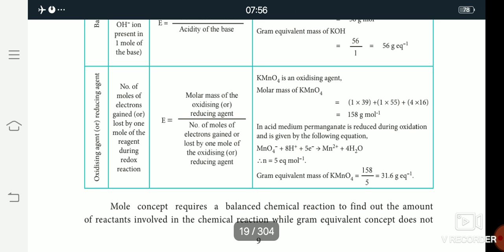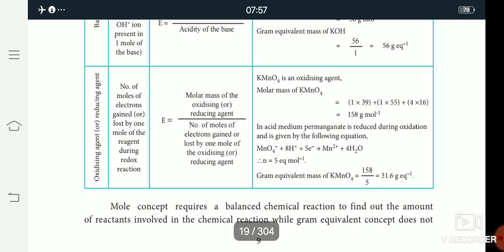In the equivalent mass formula for a salt, it is the molar mass of the oxidizing or reducing agent divided by the number of moles of electrons gained or lost by 1 mole of the oxidizing or reducing agent. For example, the salt is potassium permanganate.